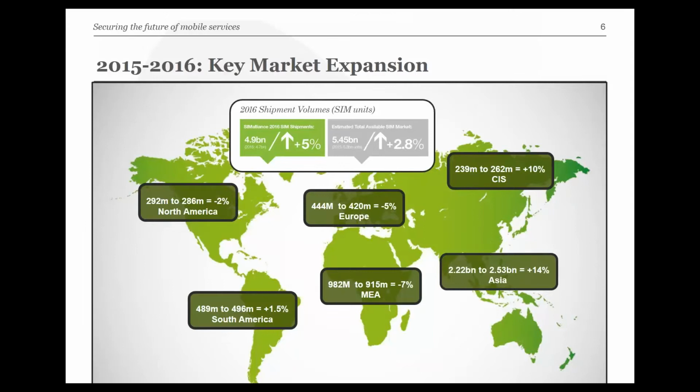But the really positive story is, I think, CIS is back despite the still politically and economically challenging situation. It is back with plus 10%, and this is really good. This is really great and encouraging news, because I think if the political environment improves, this market has even more potential. And then the biggest winner of all is definitely Asia.